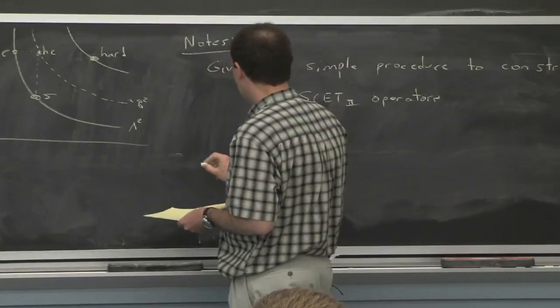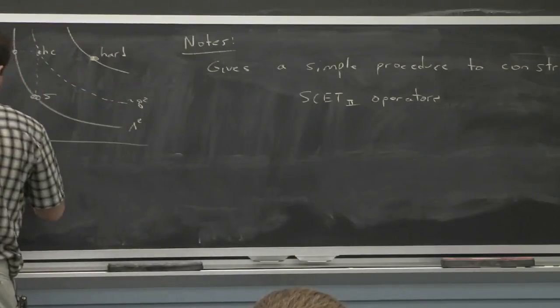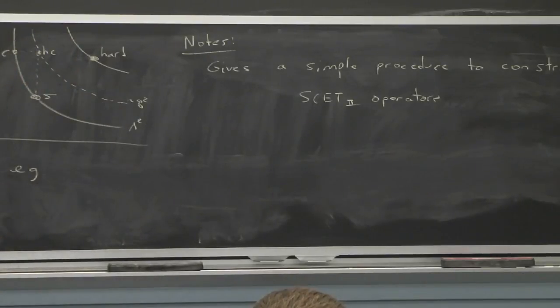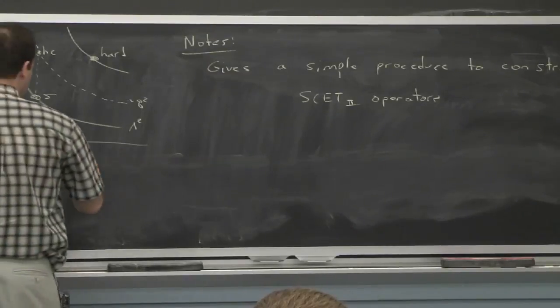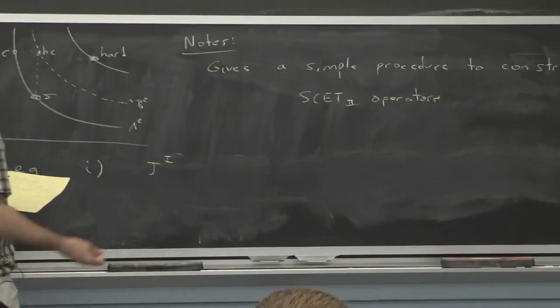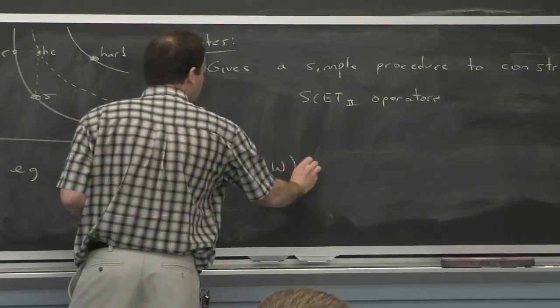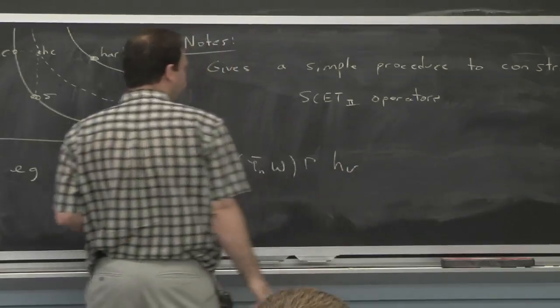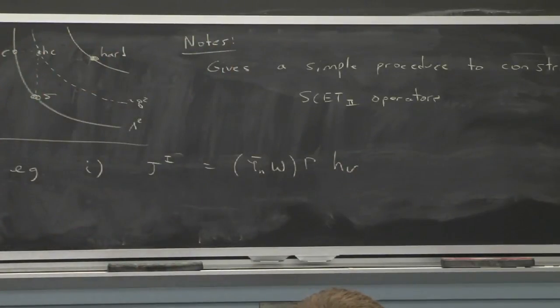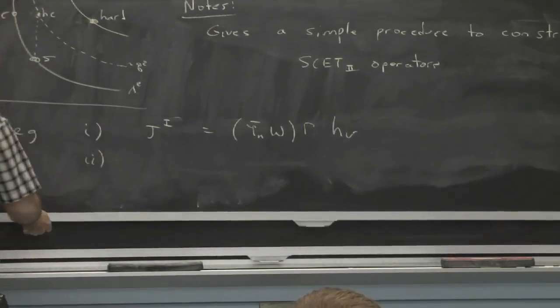OK, so let's just do an example of something that makes it look trivial. So let's say we wanted to do this calculation this way. Then in step 1, we would simply write down the current in SCET1. We would integrate out the off-shell pink lines, but there'd only be lines on one side, and we get this, which is our SCET1 result for the heavy light current.